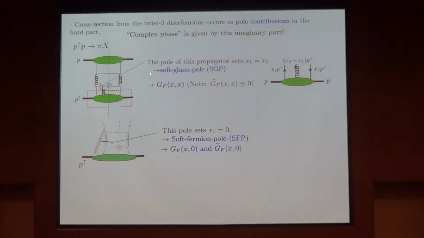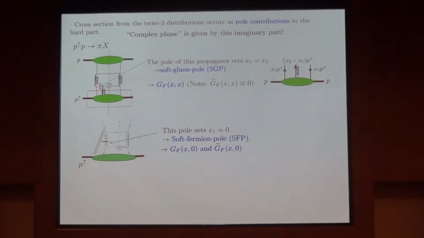That's why this kind of pole is called the soft gluon pole, and it gives rise to the contribution of this function. Another pole is also possible. If we pick up the pole part of this propagator, it sets x1 equal to 0, and it gives rise to the soft fermion pole contribution.